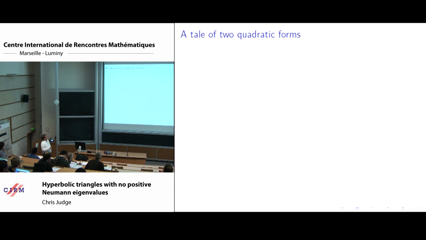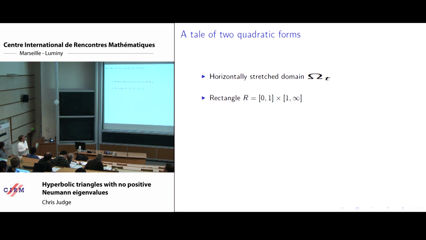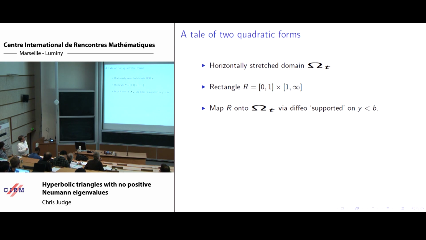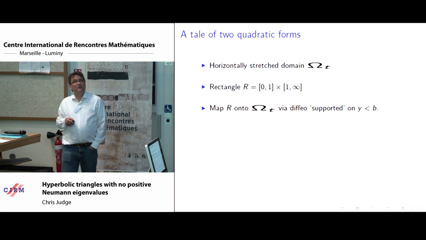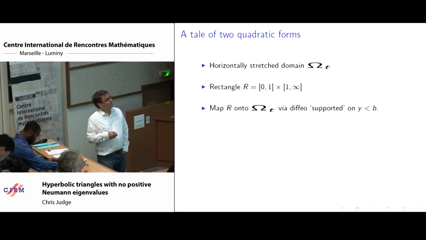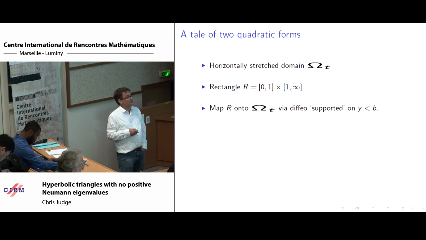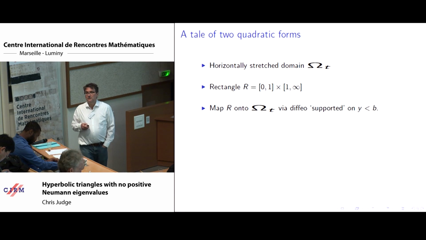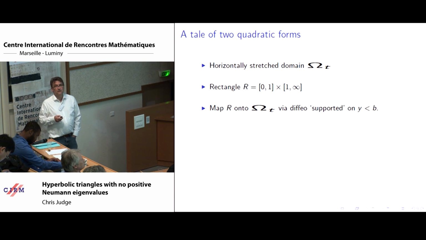And I'm going to think of it in terms of quadratic forms. So I have a horizontally stretched domain, omega_t. I'm approximating it with a rectangle of fixed width, 0, 1. And in order to compare the two, I'm going to use a diffeomorphism supported, by supported, I just mean that the differential differs from the identity only for y less than b.